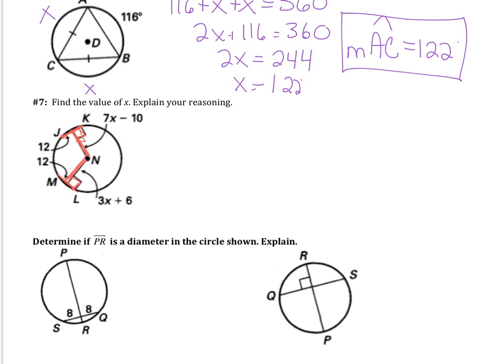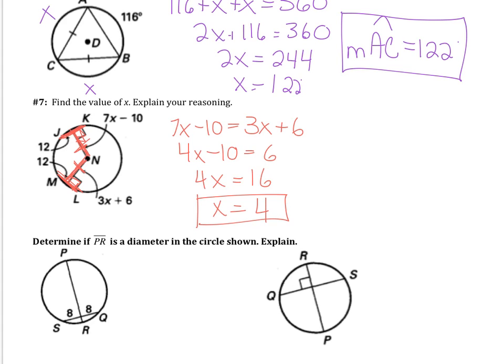So we learned earlier that if a diameter is perpendicular to a chord, it bisects it, and also that those chords are going to be equidistant. If JK is congruent to ML, then this piece becomes congruent to this piece. So I'm going to set 7x minus 10 equal to 3x plus 6 and solve for x. I get 4x minus 10 equals 6. 4x is going to equal 16, and x is equal to 4.